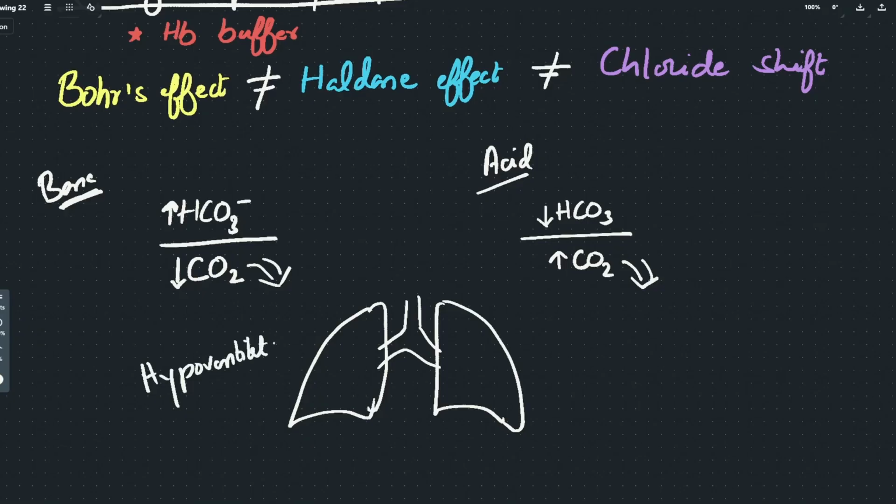On the flip side, if CO2 is very high, like in this case where it was fighting with an acid, then the person will hyperventilate. The rate of respiration will increase, with deep and rapid breaths. So hyperventilation will be there.